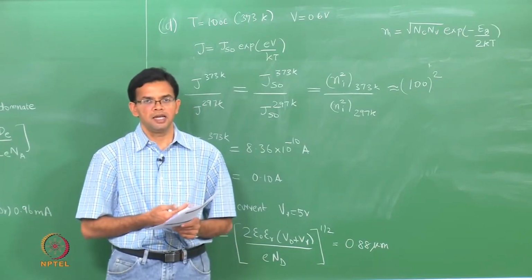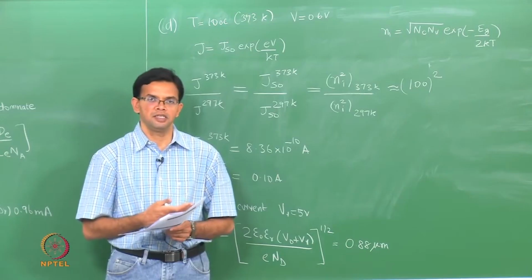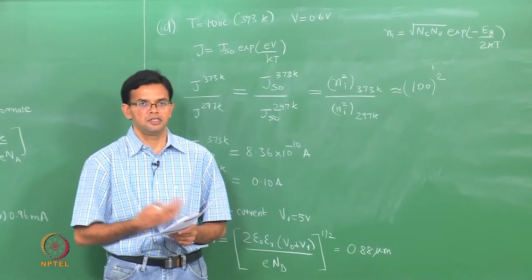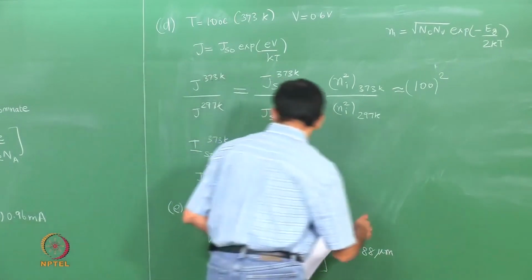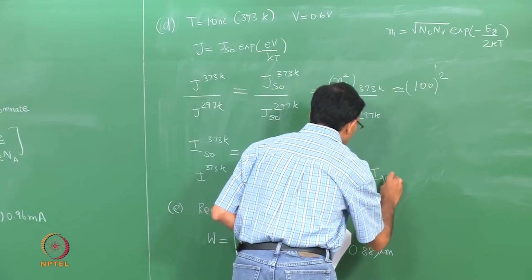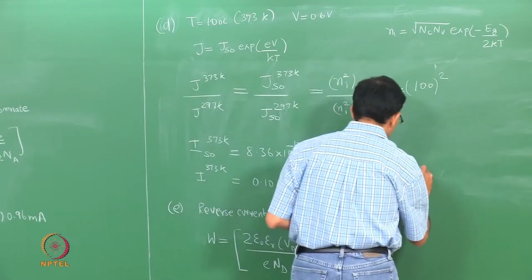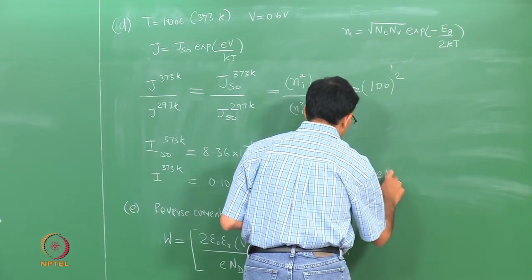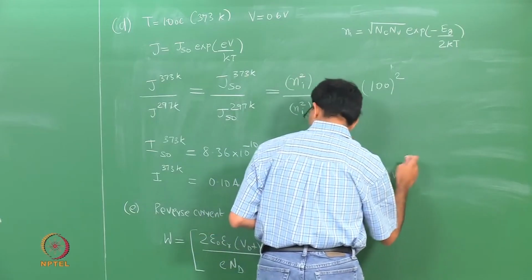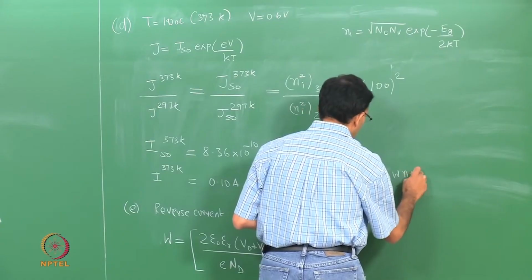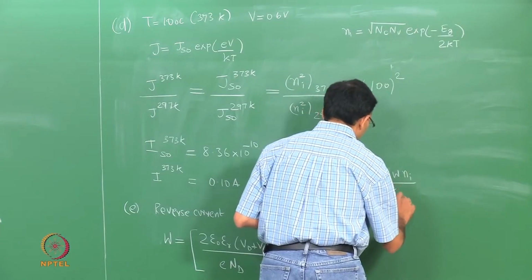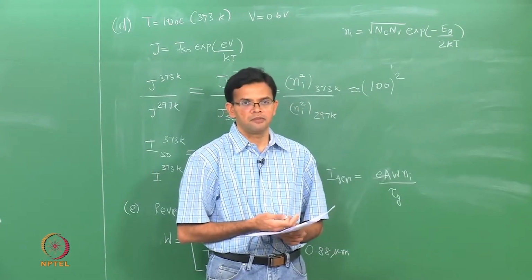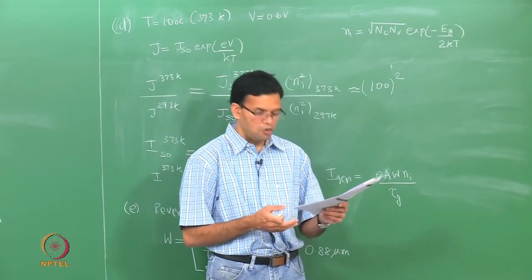So, when you have a reverse bias, you have thermal generation of carriers within this depletion region, and this thermal generation of carriers is responsible for your reverse current. So, I gen, which is the current due to thermal generation of carriers, is e times the cross sectional area times the depletion width times Ni divided by tau g, where tau g is the thermal lifetime of the carriers, and that value is also given.